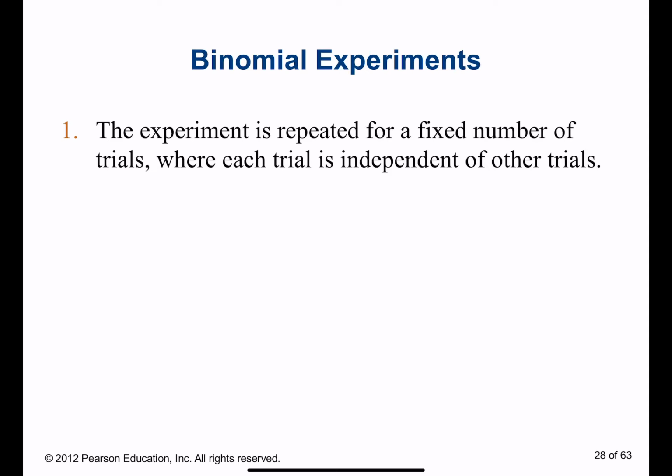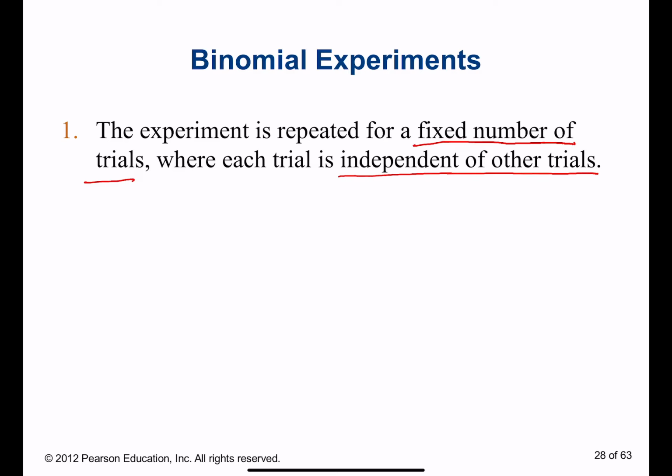So, what are the characteristics of a binomial experiment? The characteristics are the following. The experiment is repeated for a fixed amount of trials, and each trial, which is very important, is independent of each other.